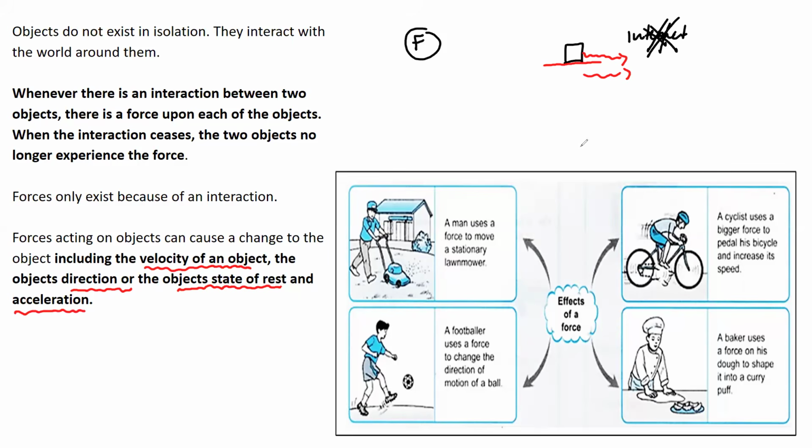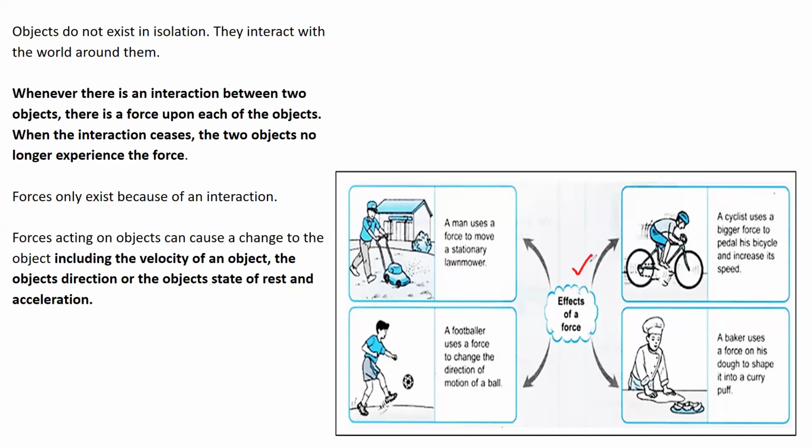Right at the bottom right corner of the screen, I put down different effects of a force. Here, there was a change in the shape of the object due to the force. Here, there is a change in the direction of this ball due to a force.